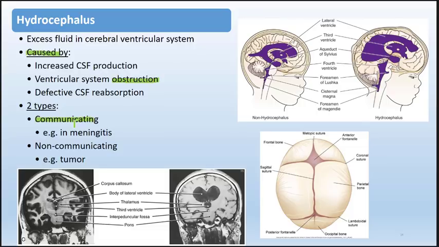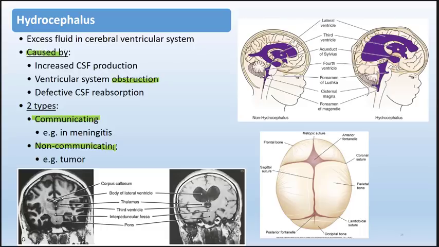But it's instead inflammation that causes this type of hydrocephalus. A good example, as we've already spoken about, is inflammation of the meninges, or meningitis. Sometimes communicating hydrocephalus is also called non-obstructive hydrocephalus, and this one is more commonly seen in adults compared to children.